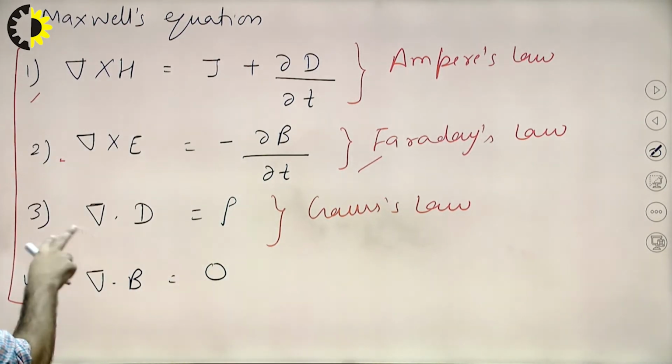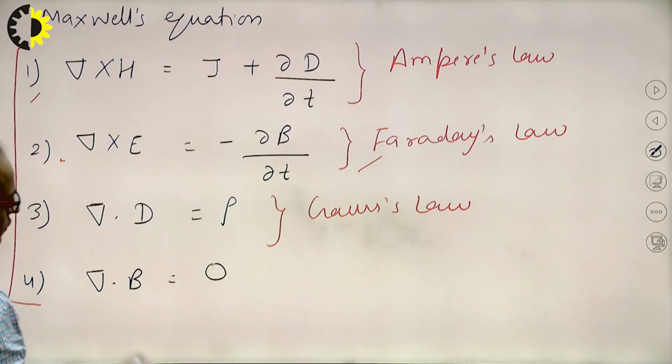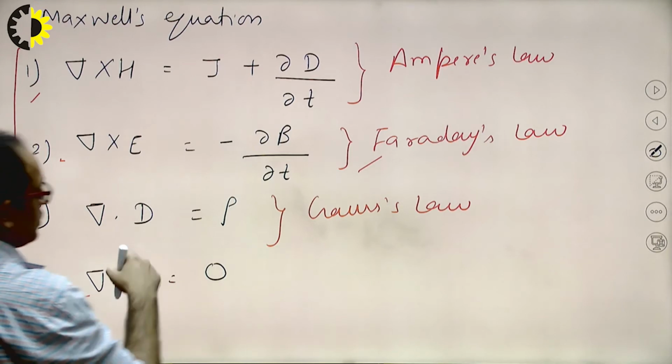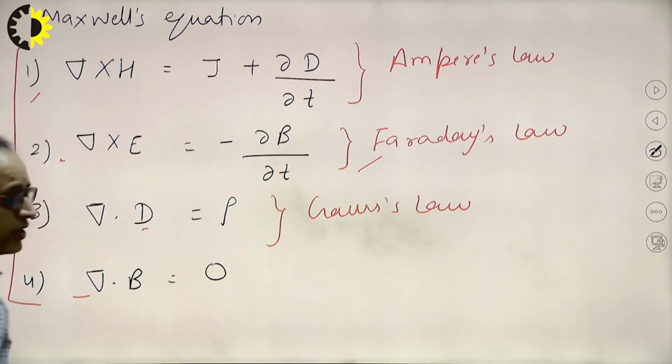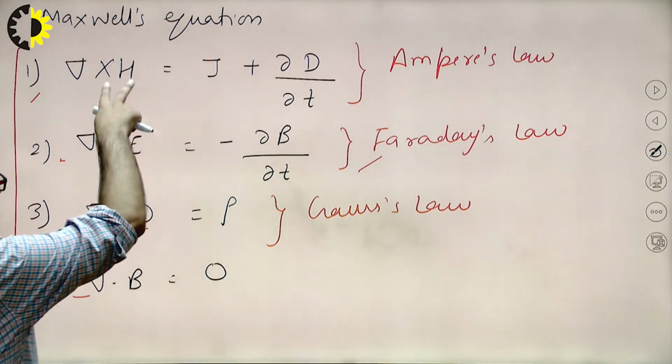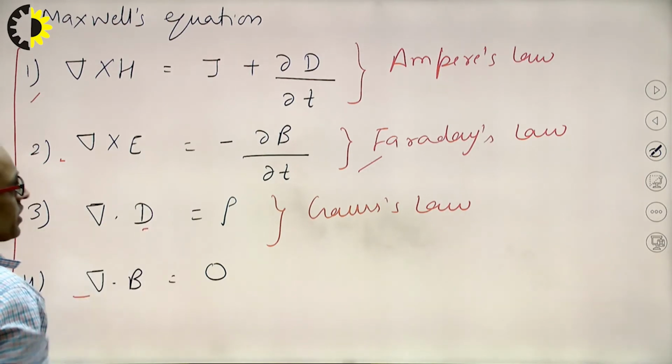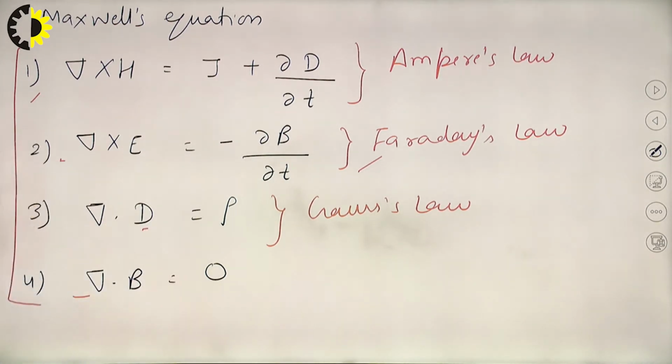The third one is del dot D equals rho, and the fourth is del dot B equals 0. D is the electric flux density, B represents the magnetic flux density, H represents the magnetic field intensity, and E represents the electric field intensity.